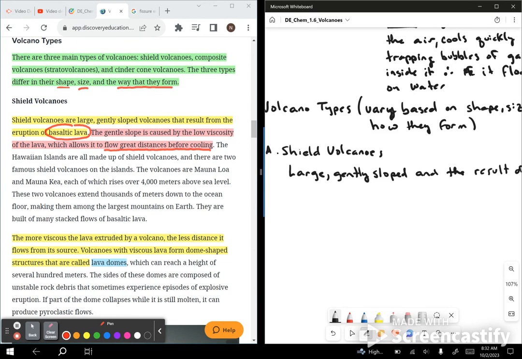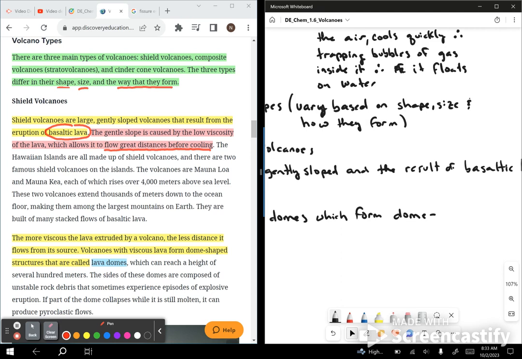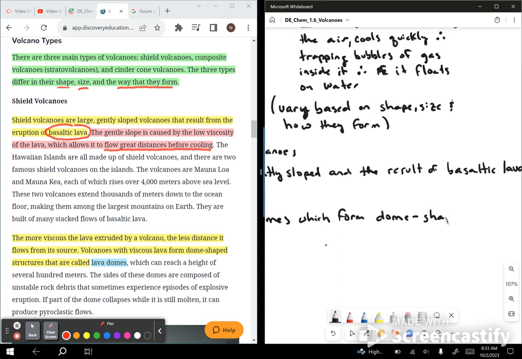It's not a different type of volcano, but we should put down versus lava domes, which form dome-shaped structures.